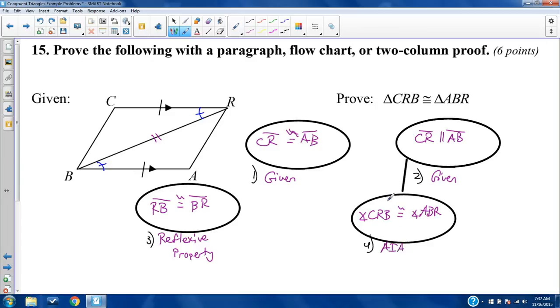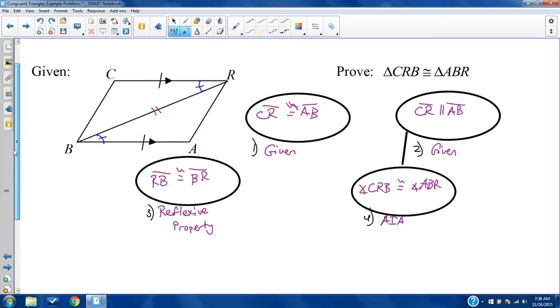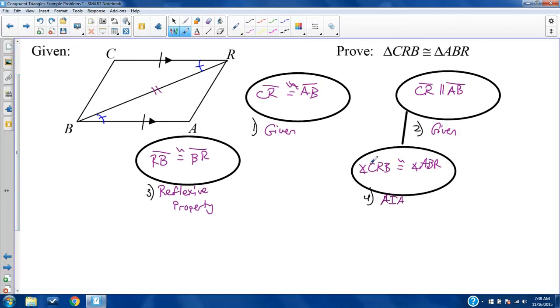Now we have enough information here to prove that the triangles are congruent. Here we have a side, an angle, a side: side, angle, side. Now I want to connect all three statements that had congruent markings to one final statement.